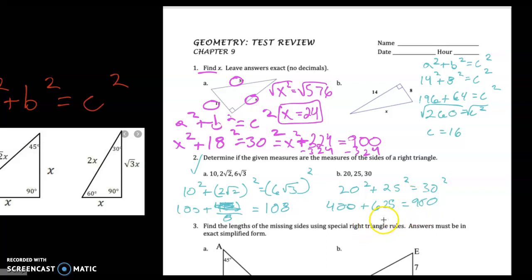All right, so 400 plus 625, that is not equal to 900. So this is not a right triangle. All right.